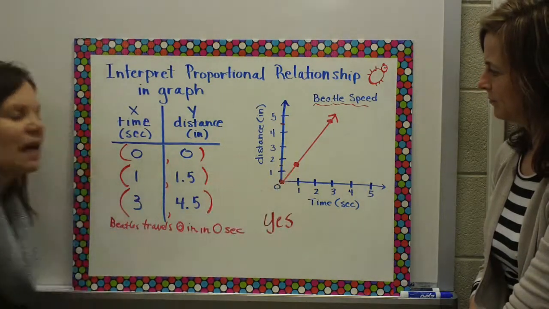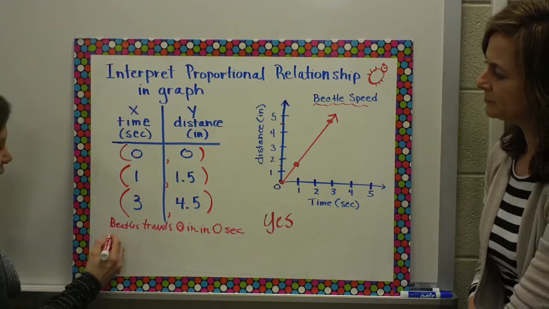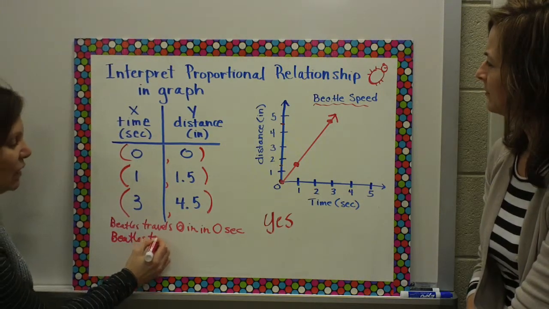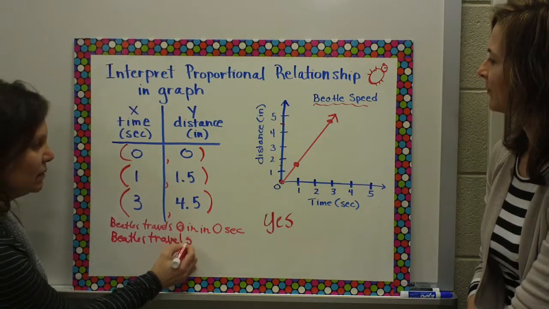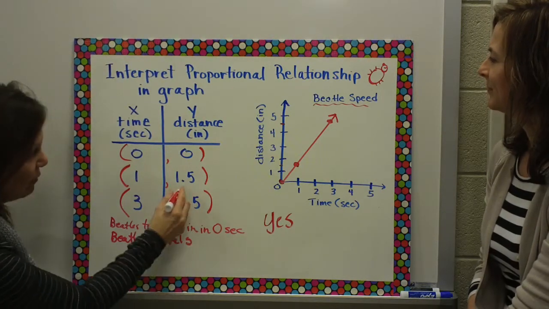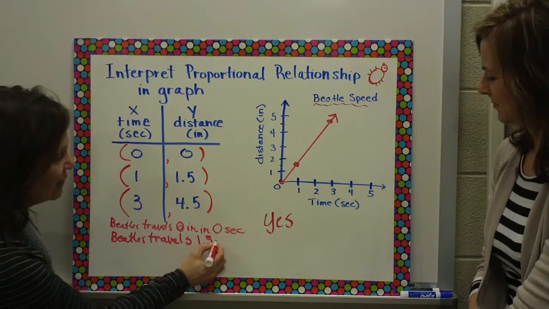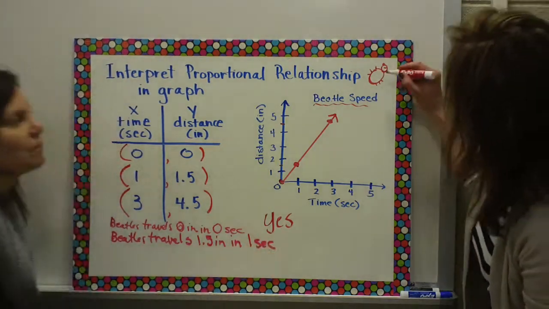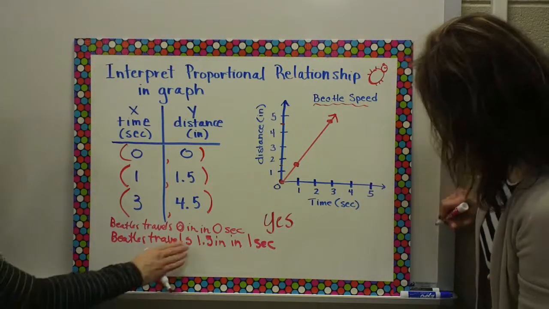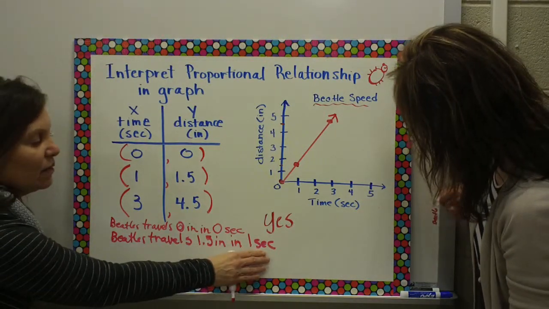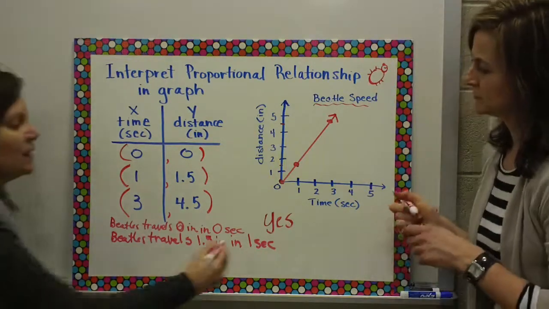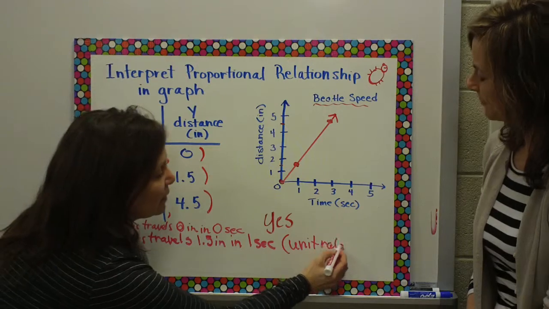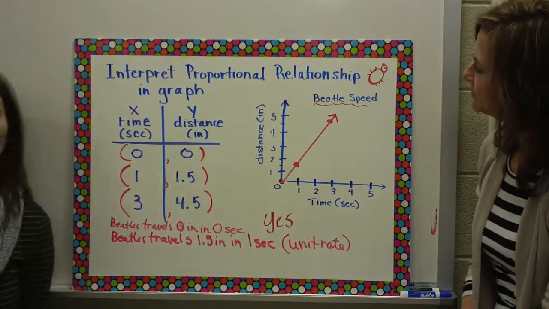Well, I wonder what this next point means. That would mean that the beetle travels 1 1/2 inches in 1 second. Now, if you are given the distance in 1, remember that's our unit rate, so that's going to be how far that beetle is traveling.